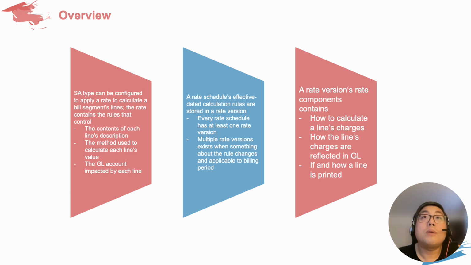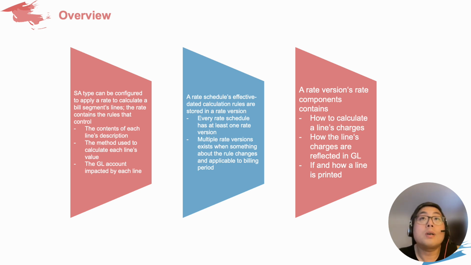Also, rate schedules, effective date, calculation rules are stored in a rate version. So on a very high level, we have rate schedule, which is what we actually call a rate. And for each rate schedule, you have different versions. And each version would have a set of rate components. Okay, so this is the kind of structure of how rate is constructed.